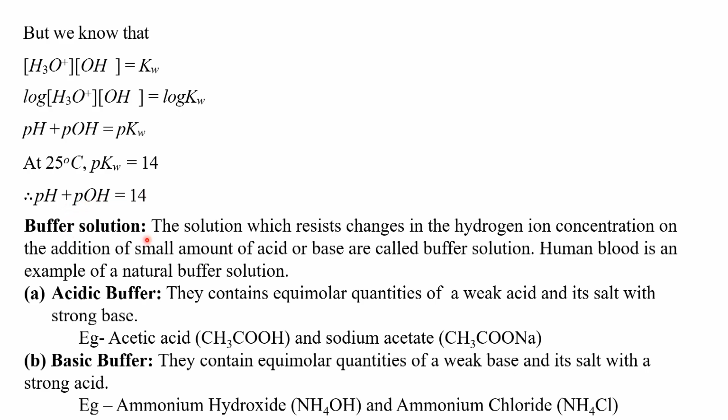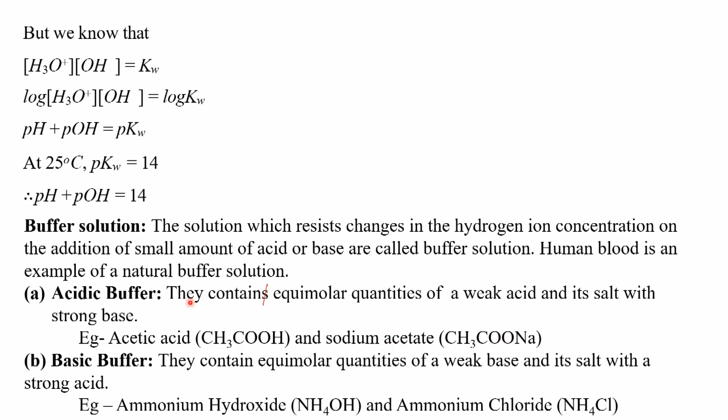Buffer solution. Next we discuss the solution which resists changes in the hydrogen ion concentration on the addition of a small amount of acid or base, called buffer solution. Human blood is an example of a natural buffer solution. It can be an acidic buffer. They contain equimolar quantities of a weak acid and its salt with a strong base, for example, acetic acid and sodium acetate.